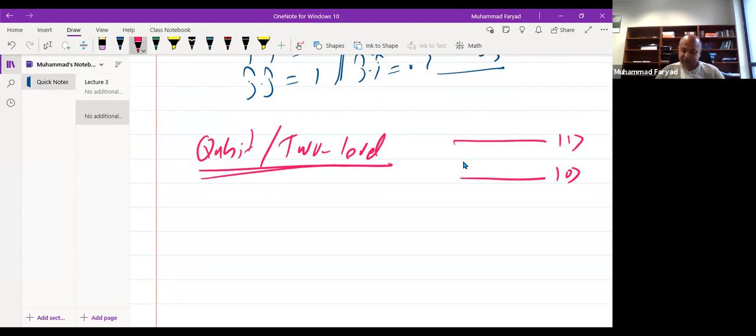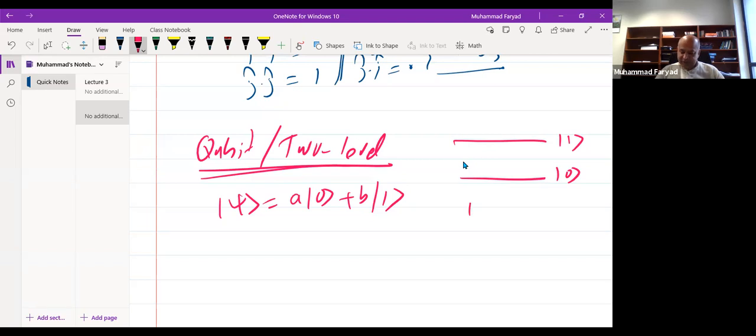Now, a general quantum mechanical state can be in a superposition state. We can represent these basis states in matrix notation as well.